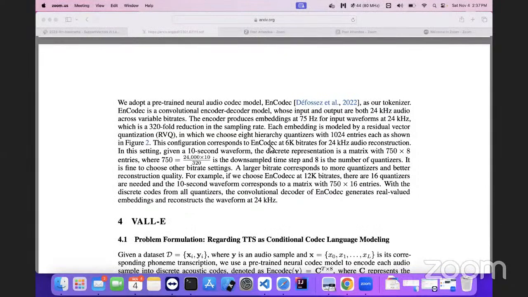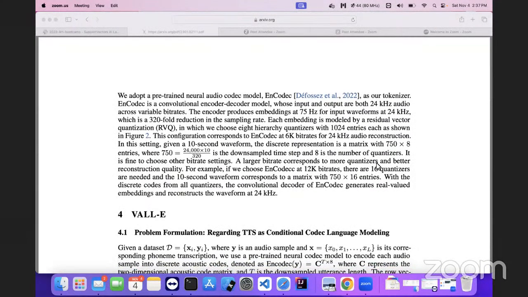Because you have 75 hertz sampling, so 75 samples in every second, and 10 seconds will have 750 samples. And then each sample you are representing with an eight-dimensional vector. 8 is the number of quantizers that they have. So the bottom line is it's a very efficient vector representation that can represent an audio waveform.